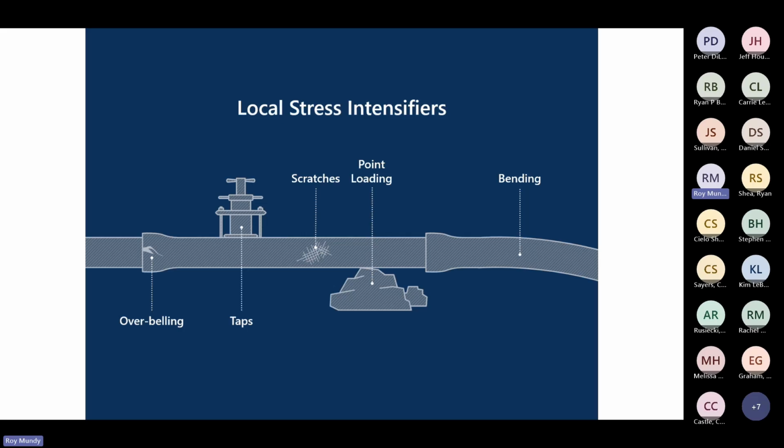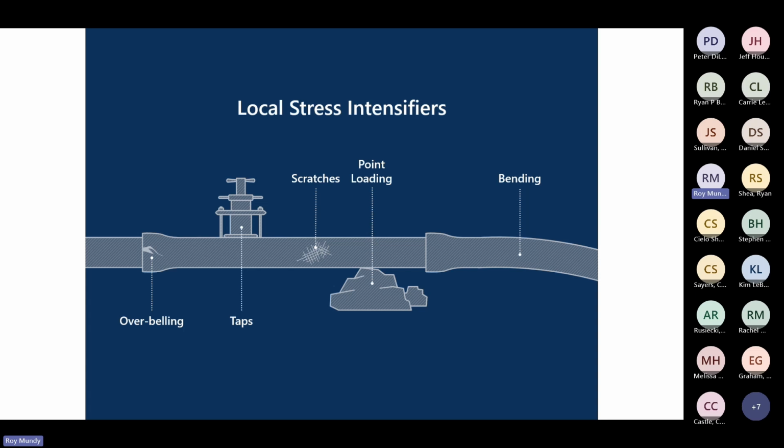Point source loading, and of course, that's an issue. I was talking about cast iron pipe, that would be an issue because one of the clear advantages of ductile iron pipe, which is actually a ductile material, classified that way as a flexible pipe, is that cast iron pipe, when put in a point source loading issue, will basically shear, and you'll see a perfect circle of water coming out when it fails.